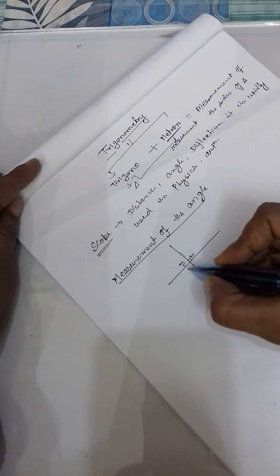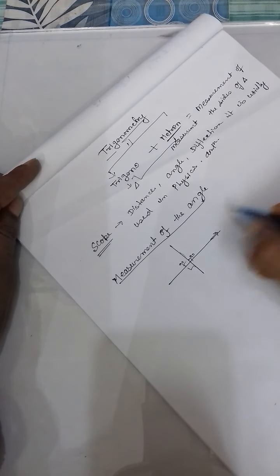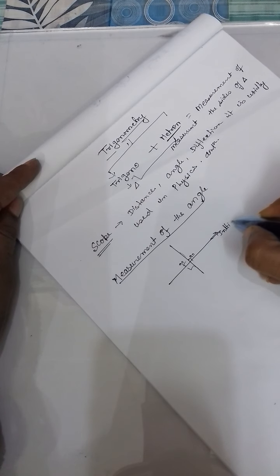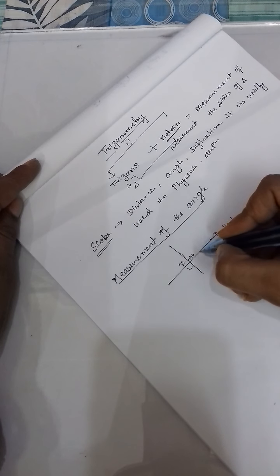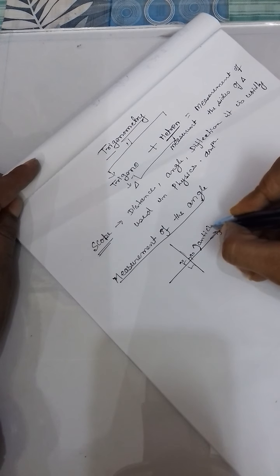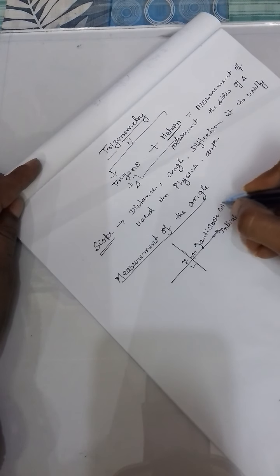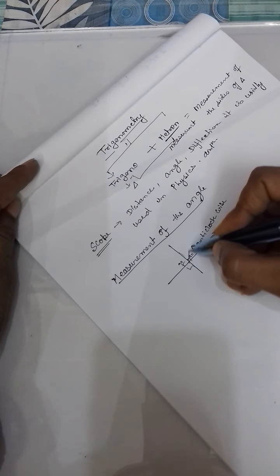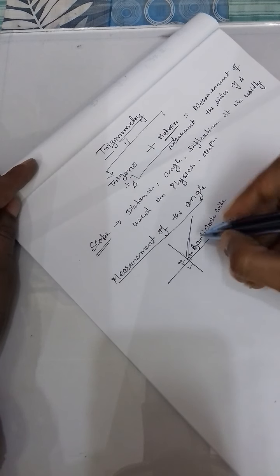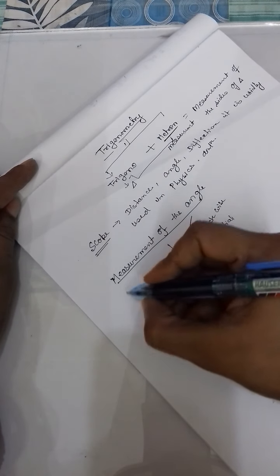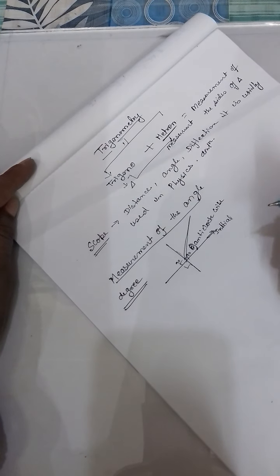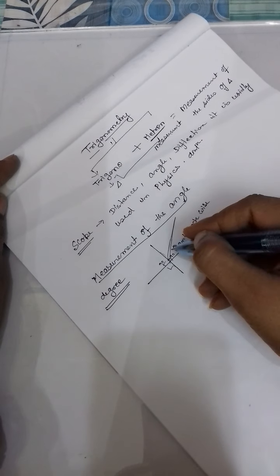We take this as the initial side, and we rotate from here to there in the anti-clockwise direction. We measure this angle, maybe 30 degree or 60 degree, and name it theta. This is the measurement of angle in degree, in the anti-clockwise direction.